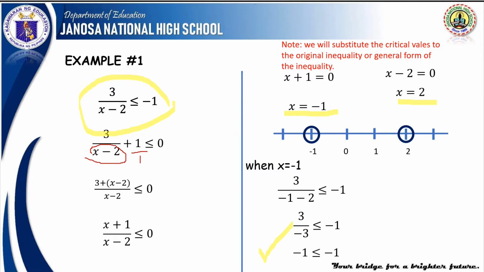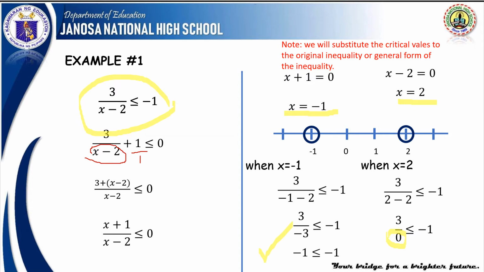Now, we will substitute the second critical value, which is 2. So, when x is equal to 2, we will have 3 over 2 minus 2 is less than or equal to negative 1. By simplifying, we will have 3 over 0 is less than or equal to negative 1. And, as we can see, our denominator is 0.